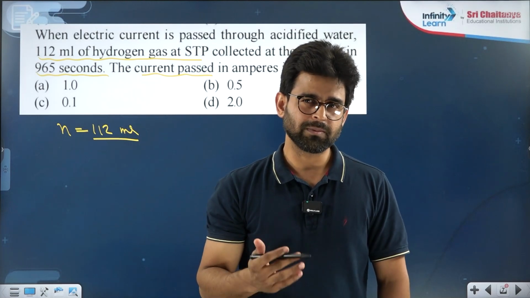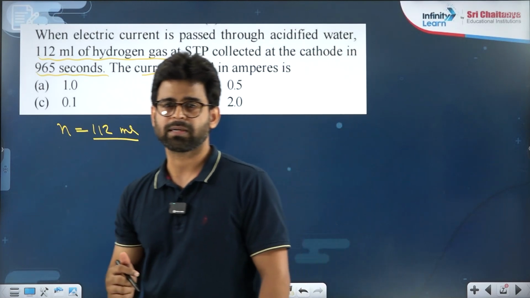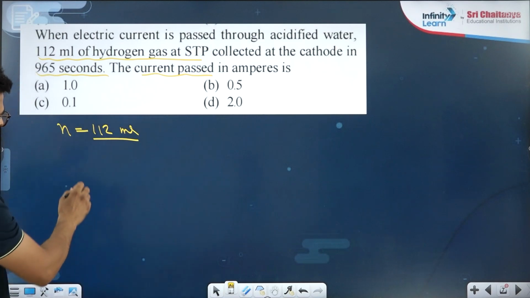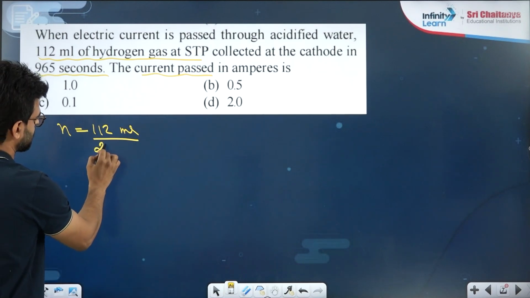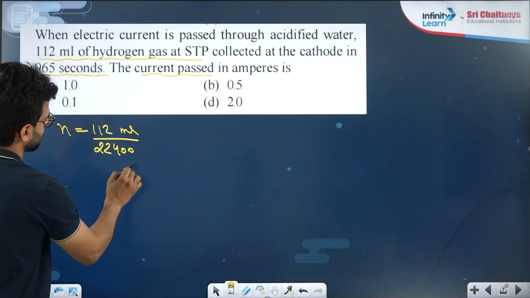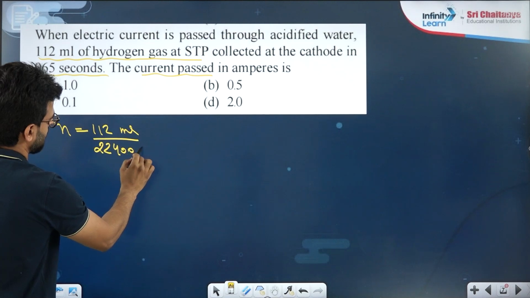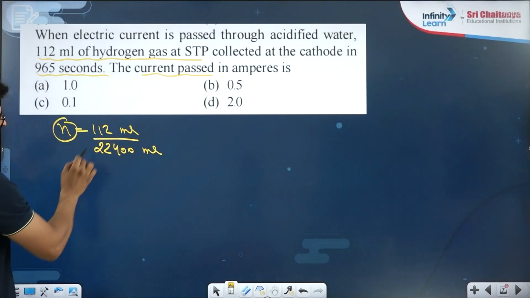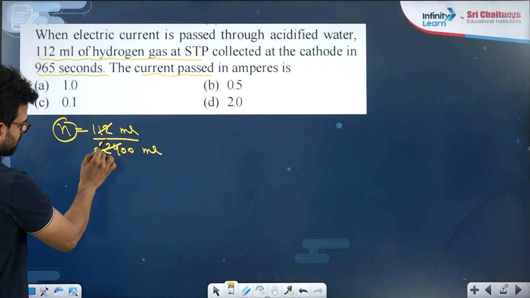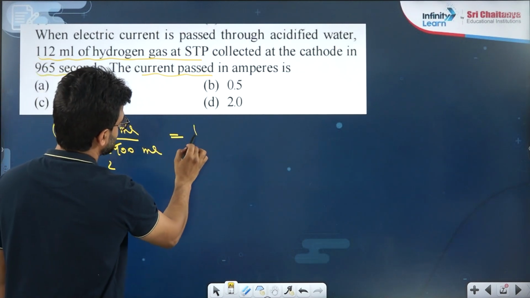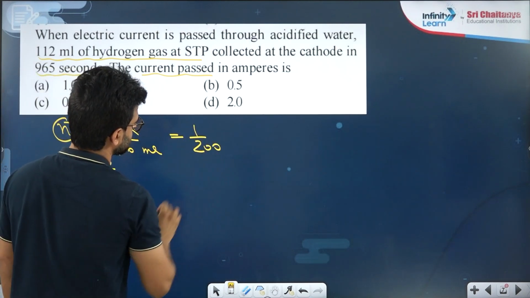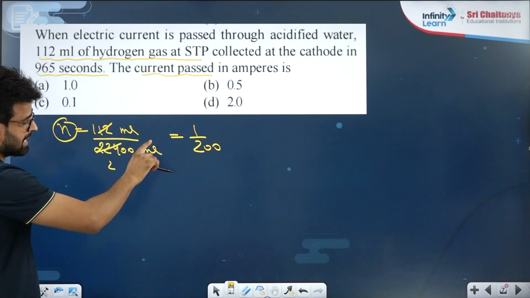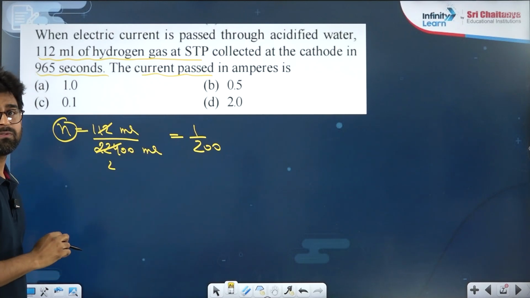Given volume divided by 22.4 will give us moles. Since it is in ml, I will take 22400 ml here. This is the number of moles; if we solve it, it comes to 1 by 200. These are the moles of which gas?